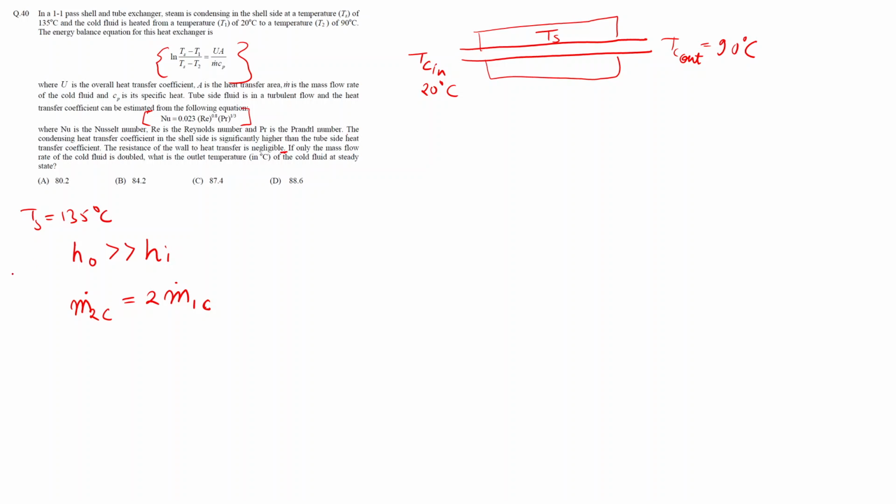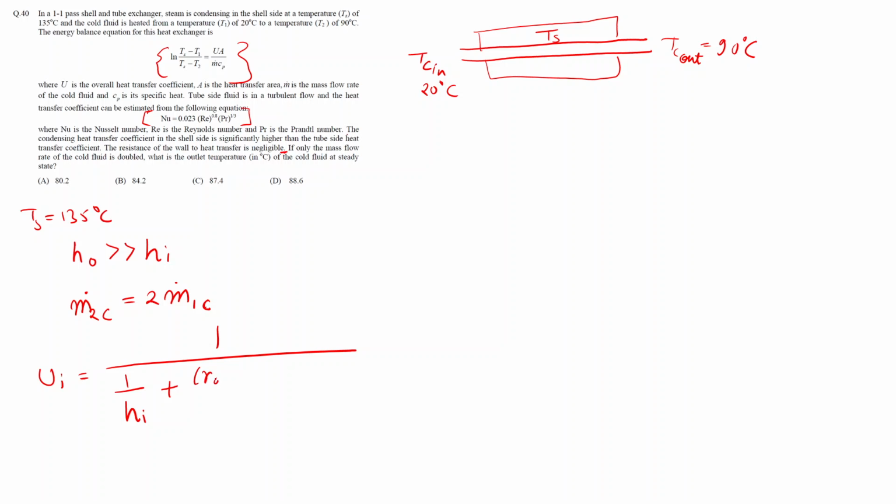So the heat transfer coefficient, we can write it for the inner side as 1 upon Ui is equal to 1 upon hi, so this is my convection resistance based on the inner side heat transfer coefficient.